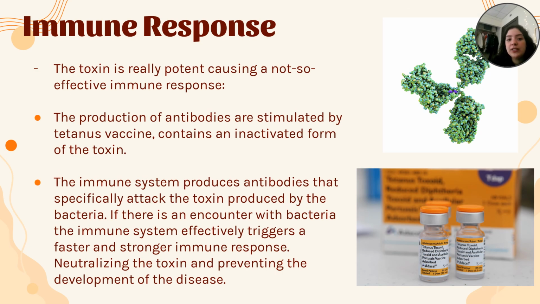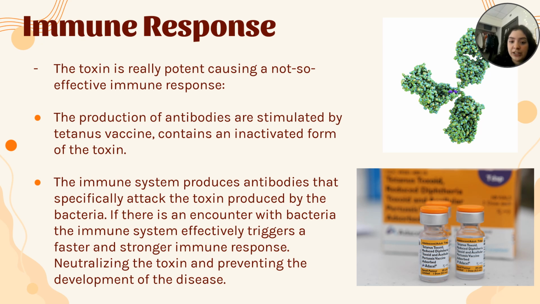So for the immune response, I couldn't find any information about the adaptive immune response, just about how the toxin is really potent related to its weight, causing a not so effective immune response. But that's when the vaccine comes in and it stimulates the immune system into producing antibodies that specifically attack the toxin.